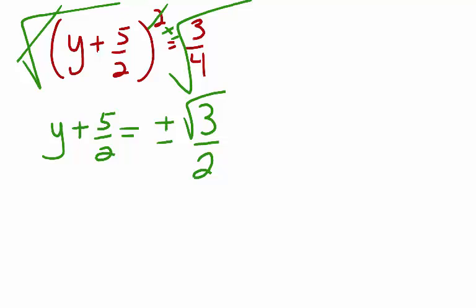The 2 is removed from the radical at this point because 4 is a perfect square, and the square root of 4 equals 2. Now all that's left for me to do is to subtract 5 halves from both sides of the equation.